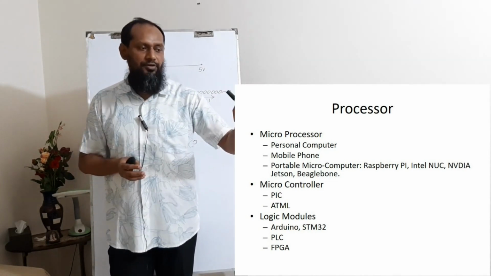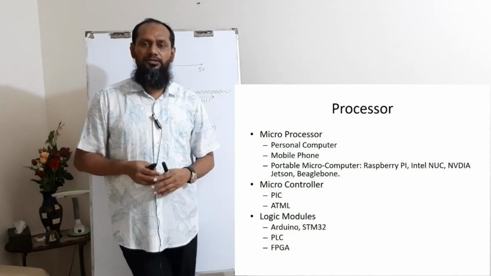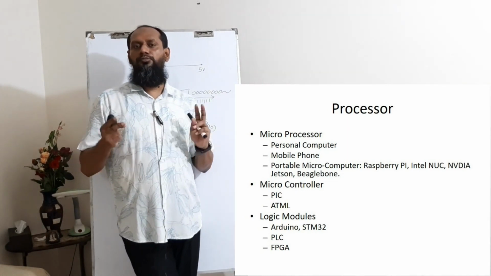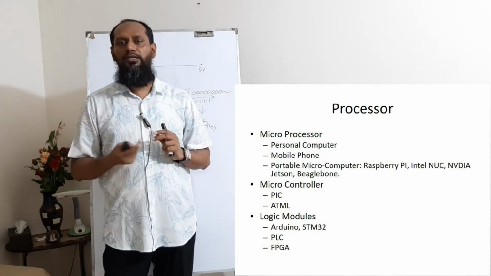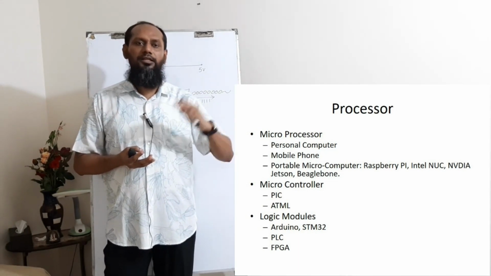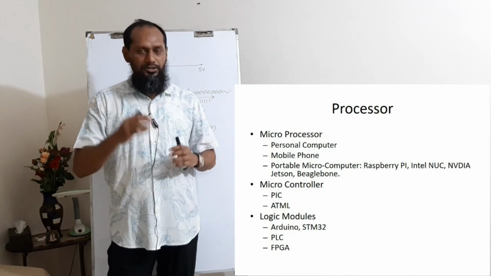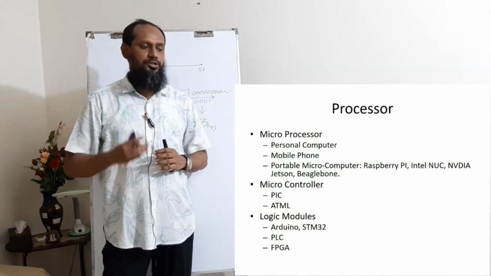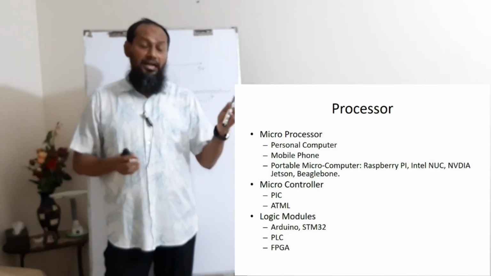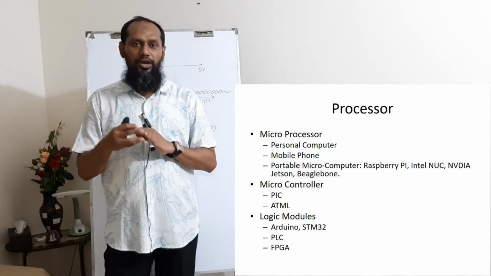So we can have different types of microprocessors and also microcontrollers. In the current world, there are two companies making microcontrollers: one makes the PIC series, and another makes Atmel microcontrollers. And for logic modules, there are a number of them, but we can consider three parts.